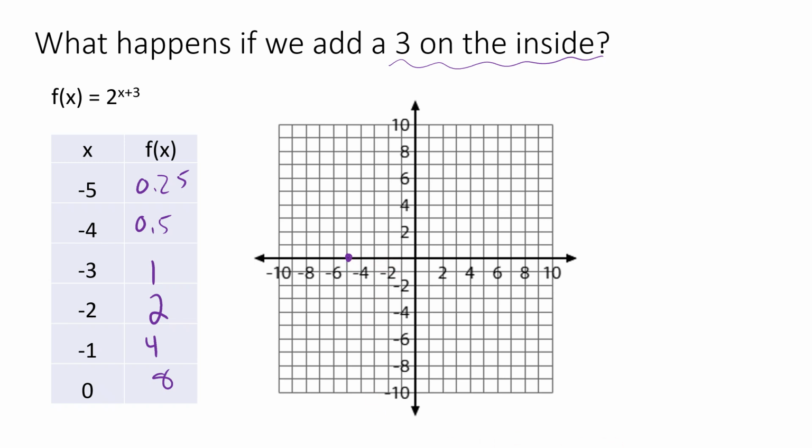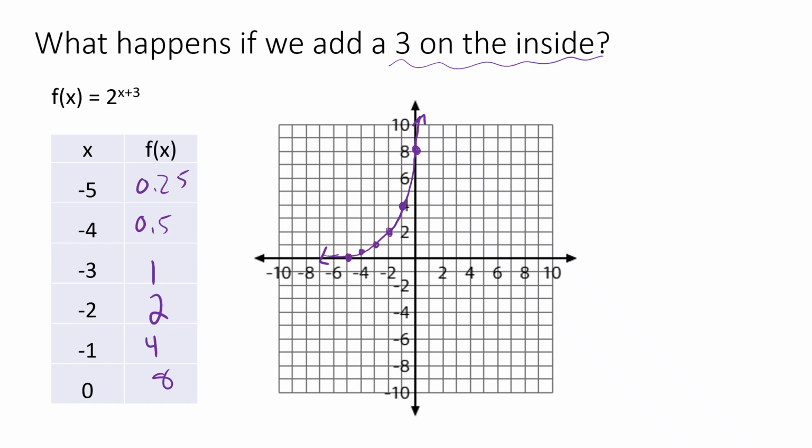-4 goes up 0.5. -3 goes up 1. -2 goes up 2. -1 goes up 4. And 0 sends me all the way up to the 8. And once again, like trying my best. When I'm doing this, I know you guys can't see it, like a weird message pops up on my screen.